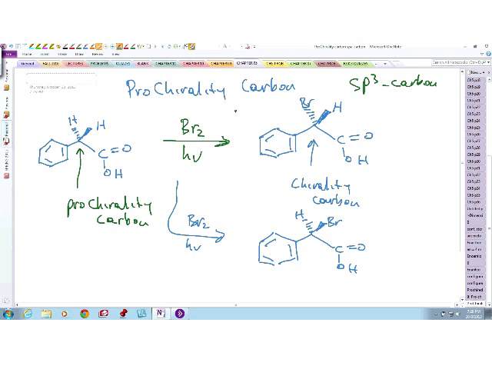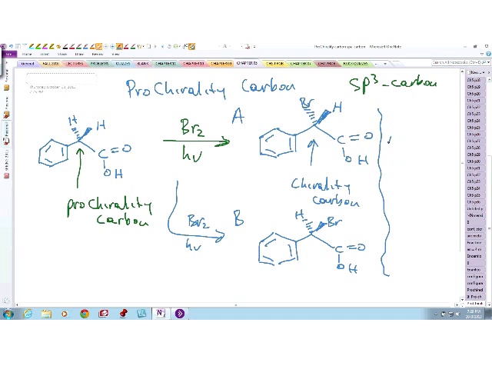Let us call this compound A, and this is compound B. What do you think is the stereochemical relationship between compound A and B? They will be enantiomers. Compound A and B are enantiomers. So therefore, will the mixture from this reaction be optically active or optically inactive? The mixture.